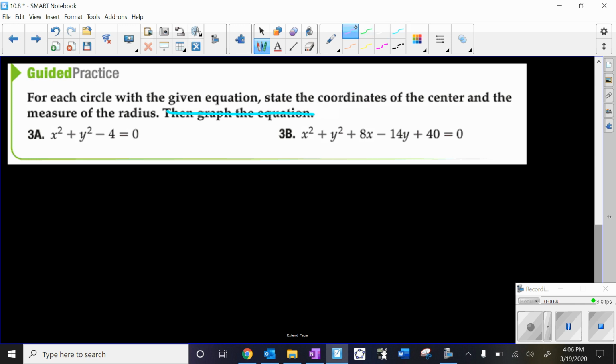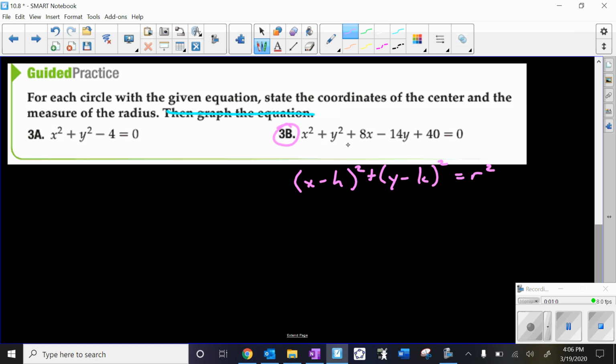If I look at 3B, at initial glance, this does not look like a form that we have used already. Remember, our equation of a circle has looked like this, where h and k are our center and r is the radius.